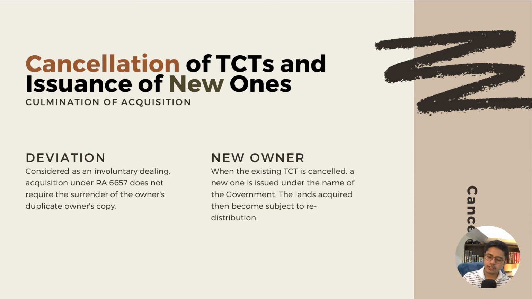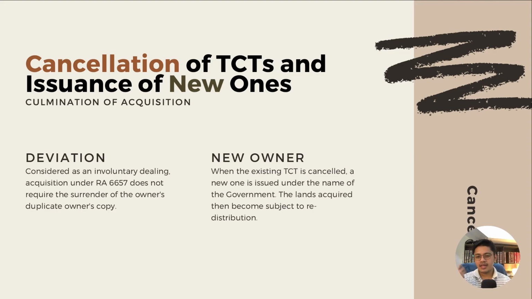In order to prevent that, in order to discourage that kind of scheme, the law requires that as a general rule, in order for the TCT to be cancelled and a new one to be issued, the owner's duplicate of title must be surrendered.